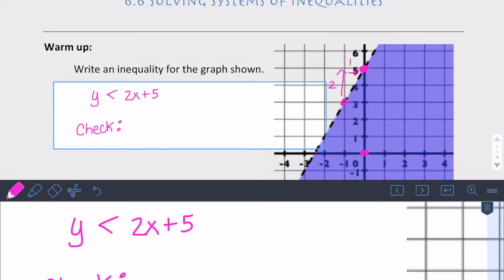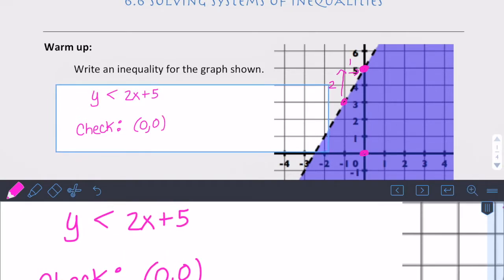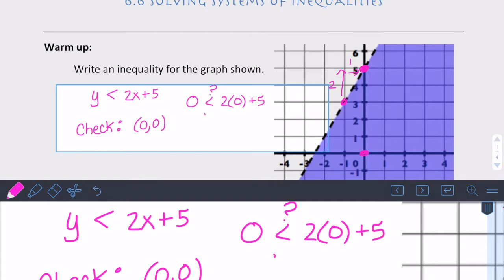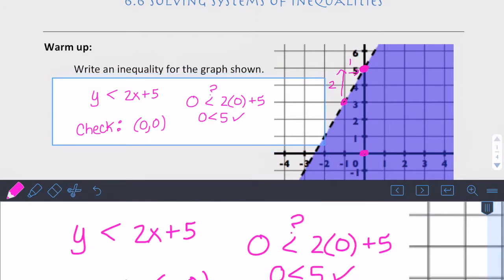If you plug in 0, 0, you're going to have 0 is less than 2 times 0 plus 5, which gives you 0 is less than 5. So that makes our inequality true. That means that we're good to go on this less than right here, since it made our inequality true when we plugged in a point in the shaded region.